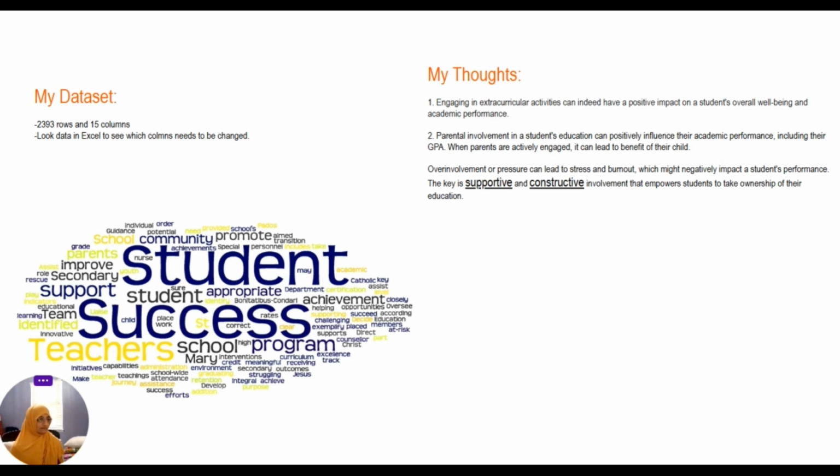The second is that parental involvement in a student's education can positively influence their academic performance, including their GPA. So when the parents are actively engaged, it can benefit their child. But over-involvement or pressure can actually lead to stress and burnout, which might negatively impact a student's performance.